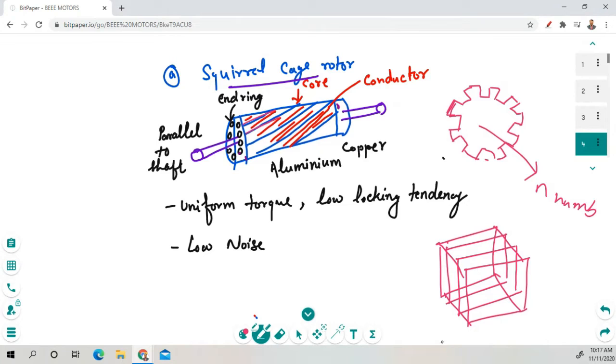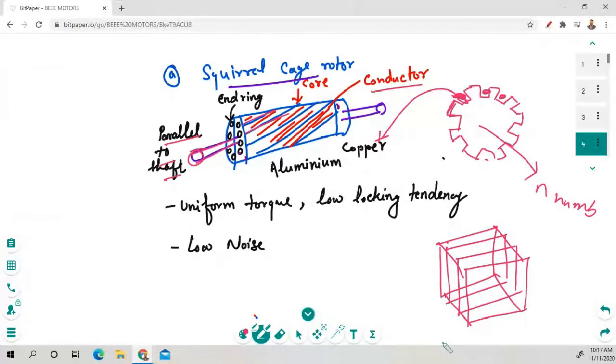Okay. So there are strips, and inside these strips we have to place some winding. As you can see, we have a core and these plates act as a conductor. Inside these grooves we have to place some copper winding, and this is a shaft, parallel to the shaft.